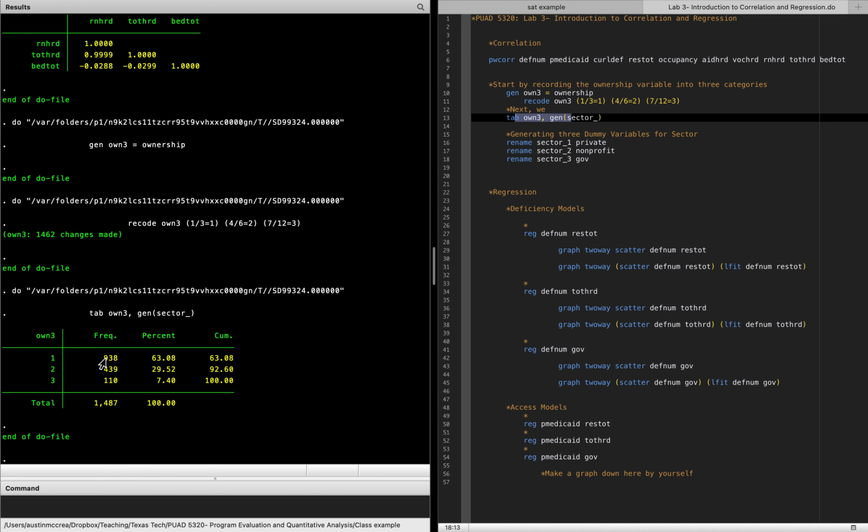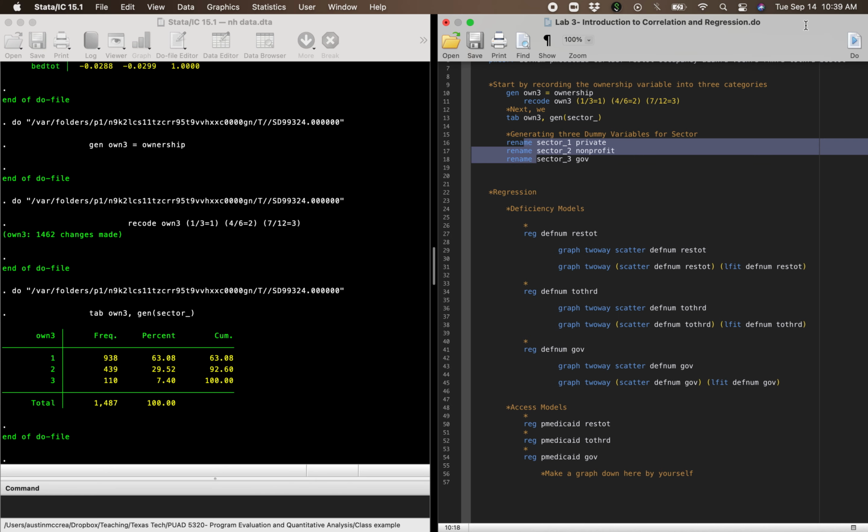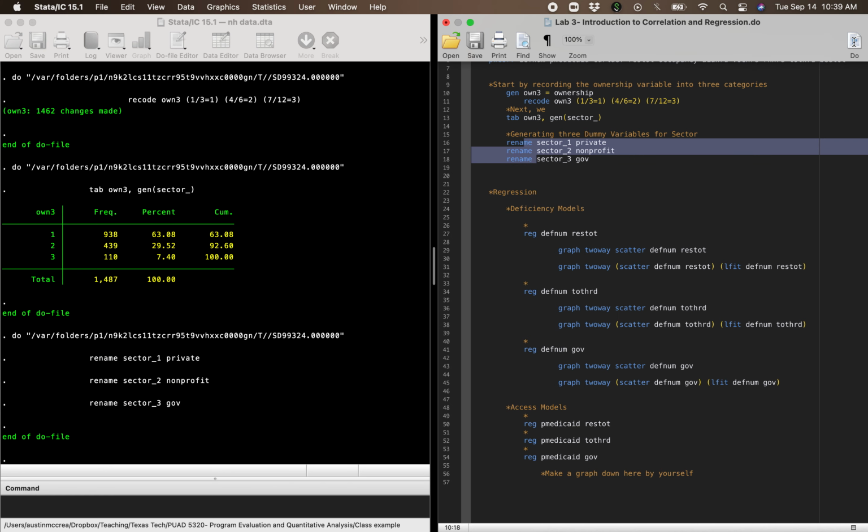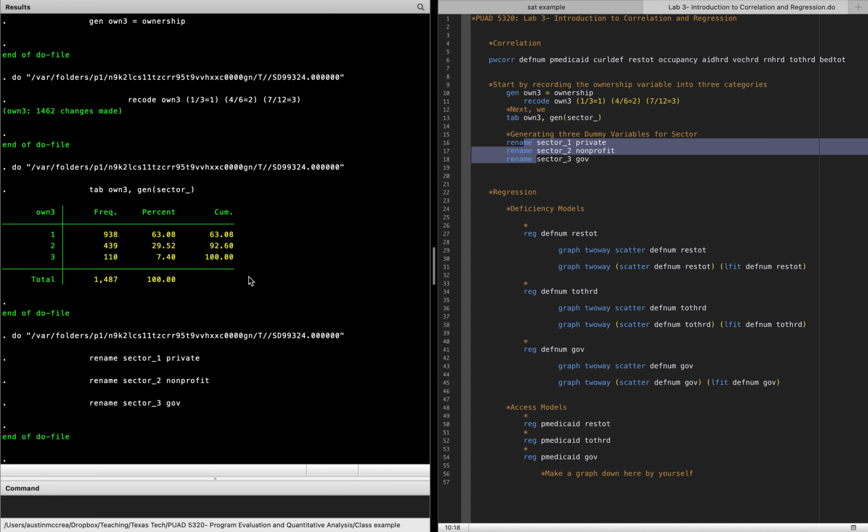So this will be sector underscore 1, sector underscore 2, and sector underscore 3. Now what we want to do is rename those variables to private, nonprofit, and gov, respectively. So we'll highlight that, rename those sector variables. All right, and now we have 3 different sector variables that we can throw into our model.